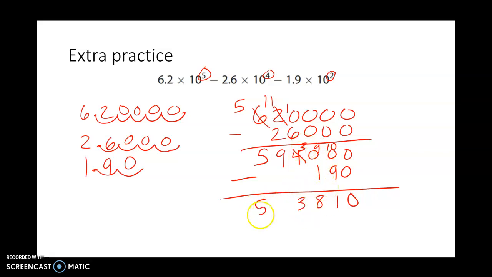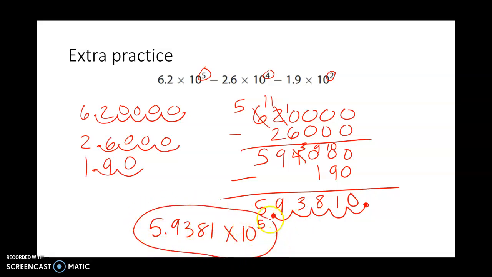And we got 3, 5, 9. Last step, change this back into scientific notation. 1, 2, 3, 4, 5. Our new decimal is 5.9381 times 10 to the 5th. Final answer. Let me know if you have any questions.